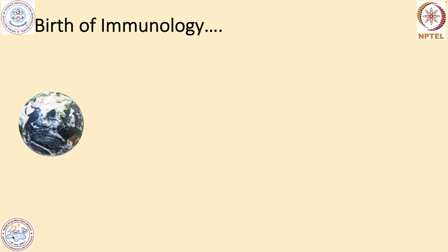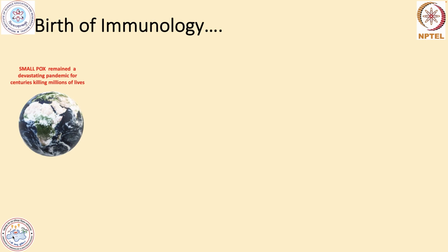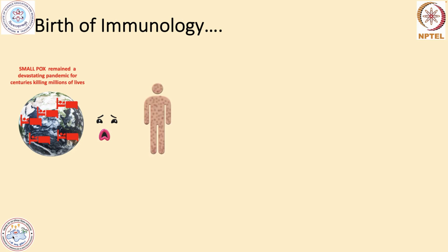Finally, I would like to sum up the birth of immunology. Basically it started with smallpox, which caused a pandemic all over the world and killed millions of people through the ages. This disease was treated by a technique known as variolation, which is inoculation of smallpox from a diseased patient into a healthy patient in a controlled manner in order to protect.